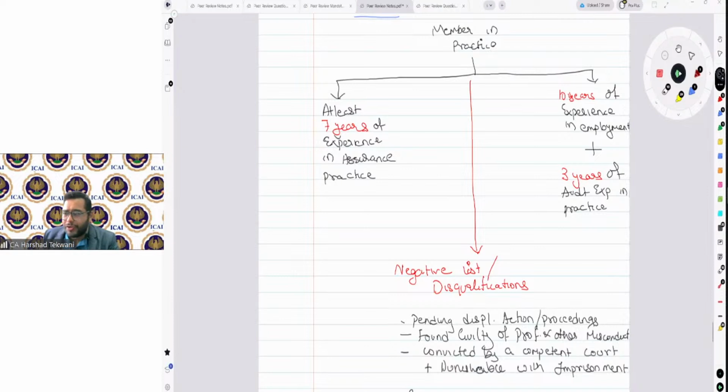Basically, if you see first schedule and second schedule, in first schedule, part 4 and second schedule, part 3, they both deal with other misconduct. First schedule, parts 1, 2, 3 and second schedule, parts 1 and 2 deal with professional misconduct. Again, we will be discussing this topic in detail once we discuss professional ethics in the later chapters.